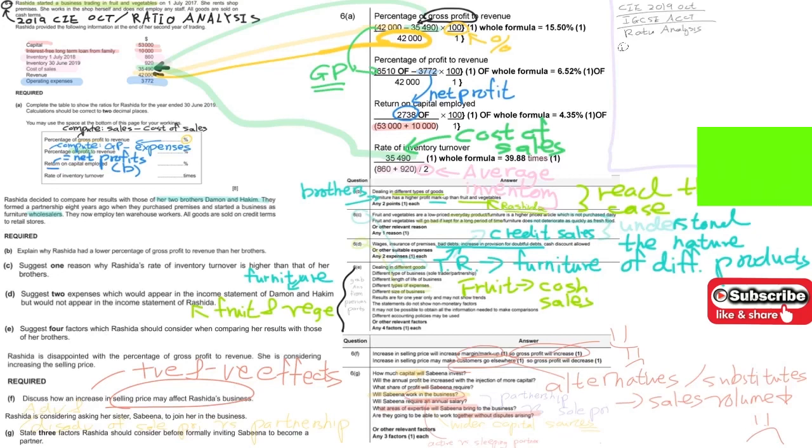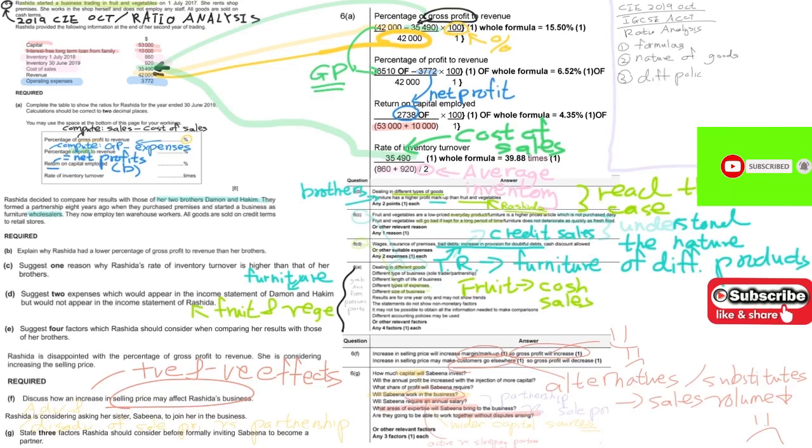Number one, you have to study the formulas. Number two, you have to understand the nature of different goods. Number three, you have to understand different strategies or policies. How would they affect the ratio?